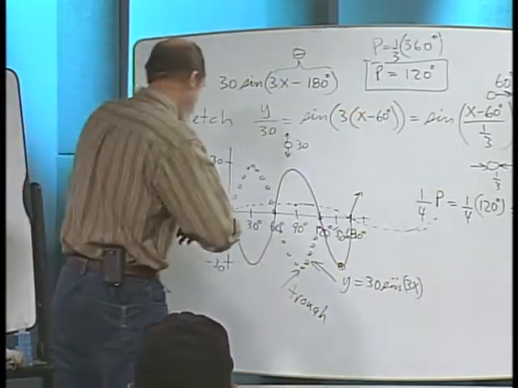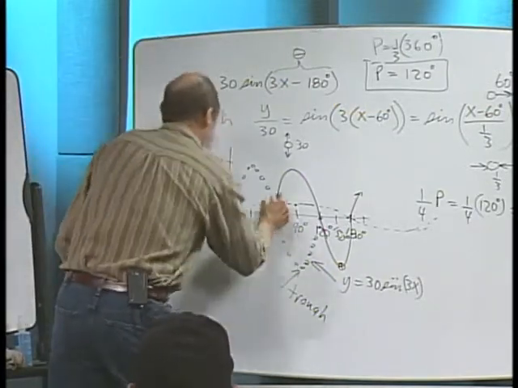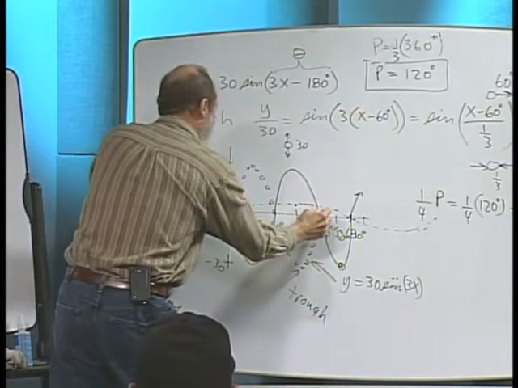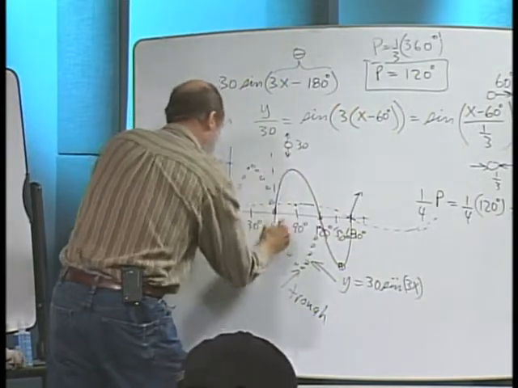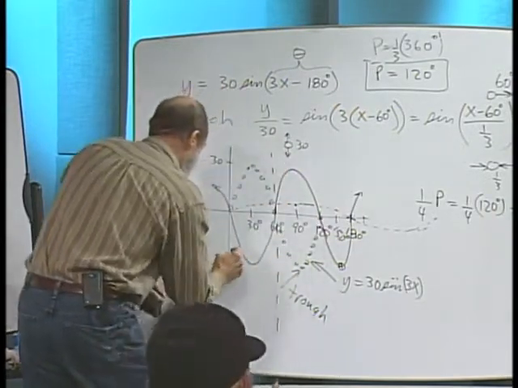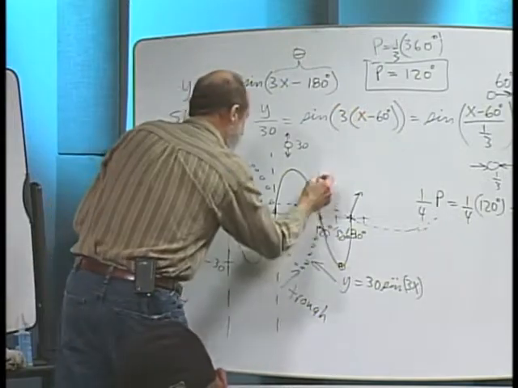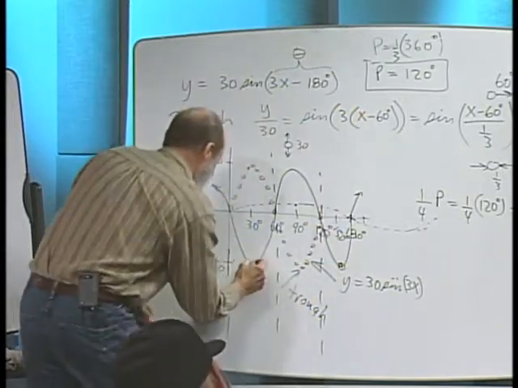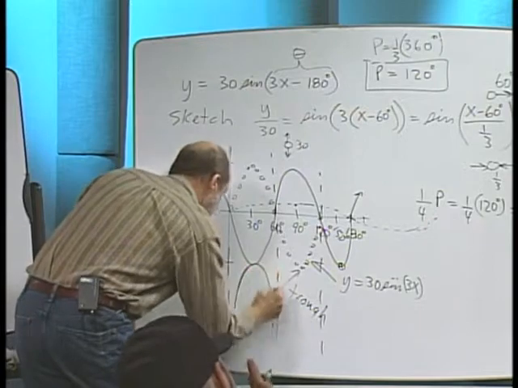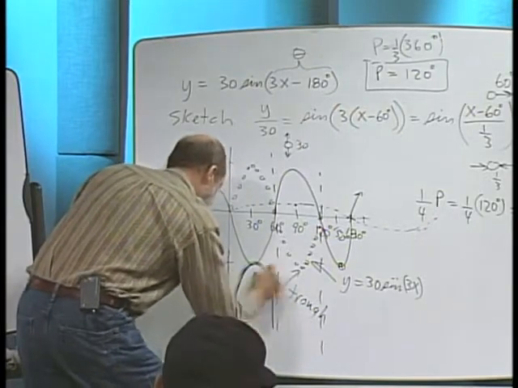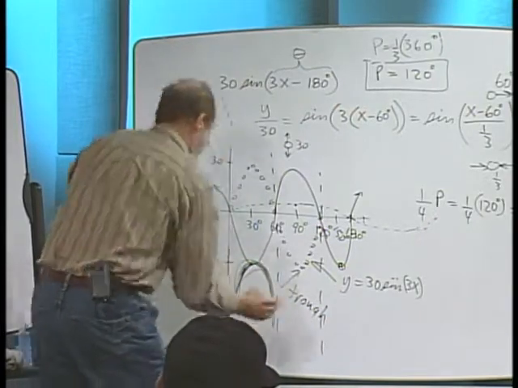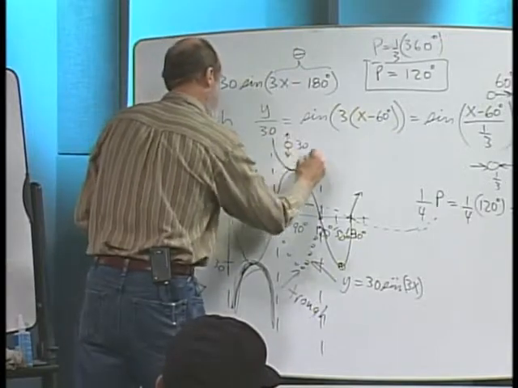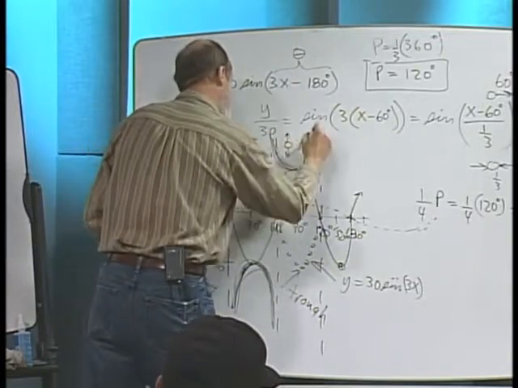So what I could do is I could lay where my zeros are, I could lay vertical asymptotes in here, and I could build this graph, which I'll try to make real dark, that and this.